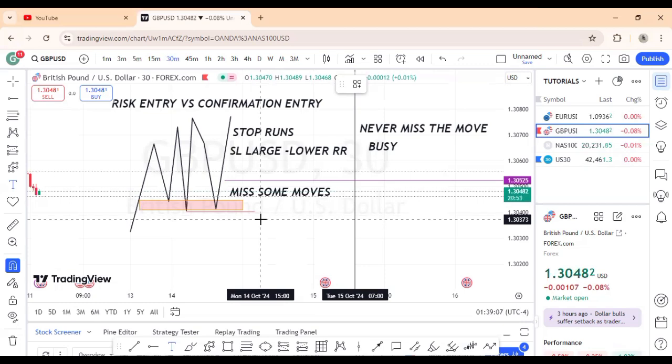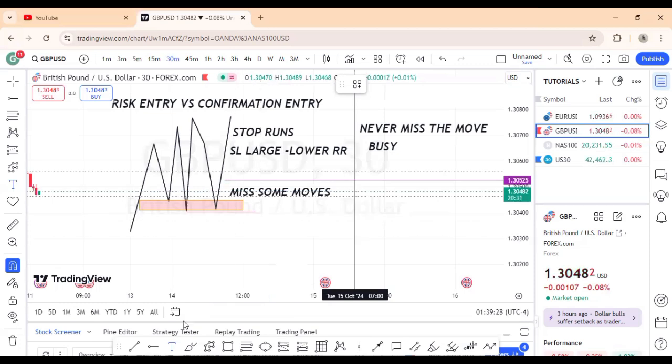Maybe you're waiting for confirmation and then you sit and take a loss. Sometimes the market shows you're just totally wrong, and you don't know you're wrong because you're waiting for confirmation entries, right? So I think this is a major disadvantage of it.